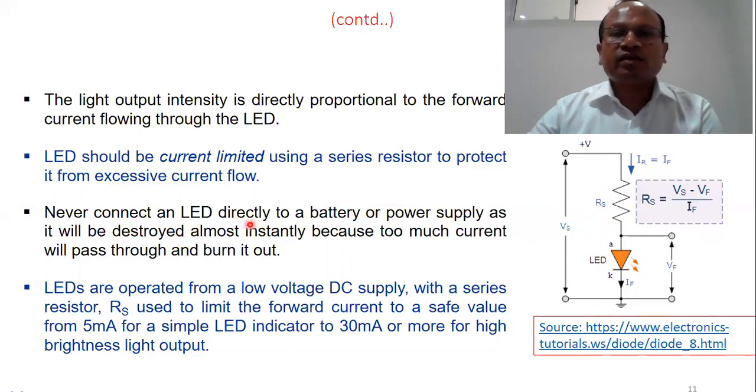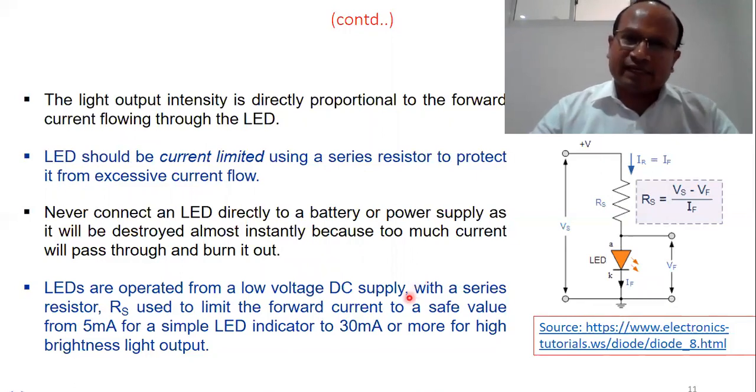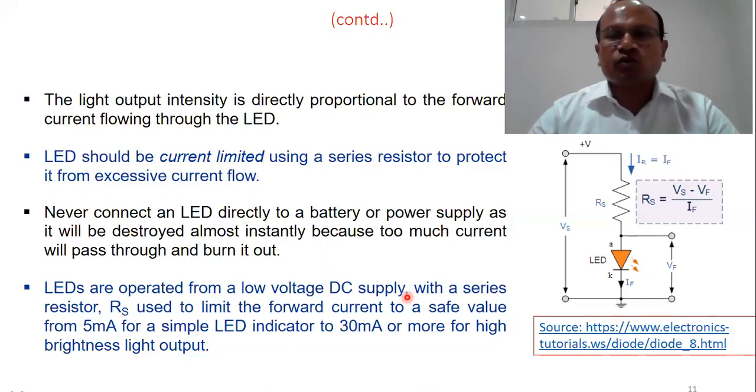Otherwise it will be destroyed, because too much current will pass through it. LEDs are generally operated from a low voltage DC supply with a series resistor used to control the current entering the LED to some safe forward level, maybe 5 milliampere or higher up to 30 milliampere, depending on how much brightness we want.